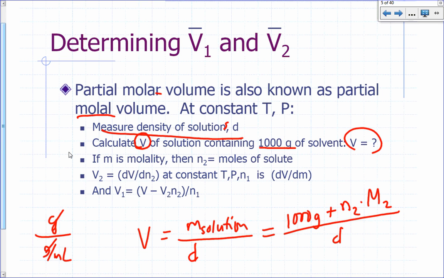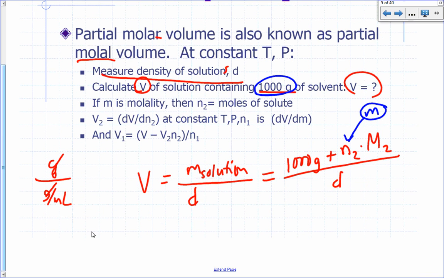But the number of moles of solute is just the molality. Why? Because you have 1,000 grams of solvent. So you can also say that the volume of your solution is just going to be equal to 1,000 grams of solvent plus the molality times M2.